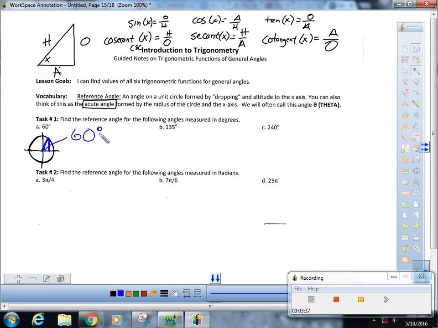So we'll do another one, and hopefully you'll understand a little bit better what we're doing. Okay? Once again, start with a little unit circle on an XY plane. What quadrant will 135 degrees be in? It will be in the second quadrant. So you draw the angle like you normally would.